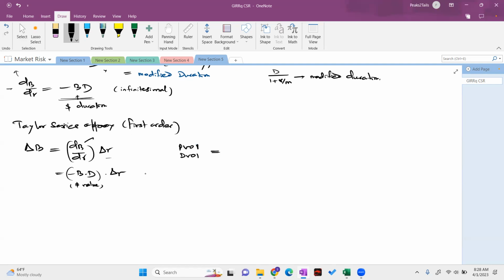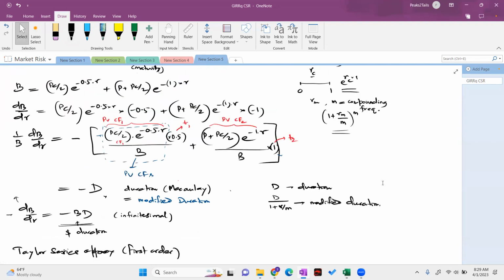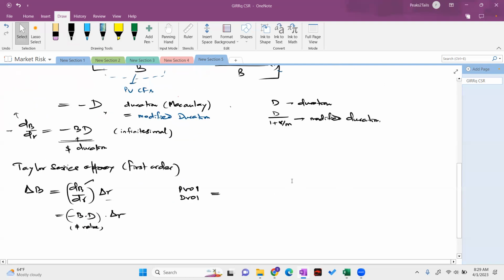What is the definition of PV01? One basis point change to price. Yes, correct. How much the value of the bond will change if the interest rate changes by 1 basis point.